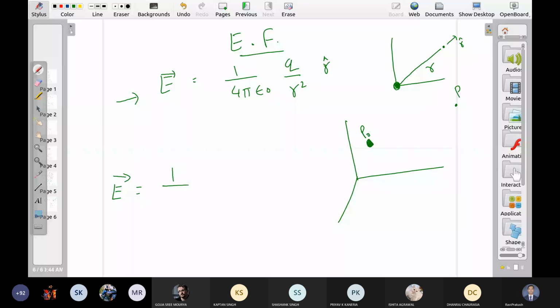So let me first give some name to this position. This is vector r. This is the point. Okay. This is vector r. This is some other vector. Let me say r prime.